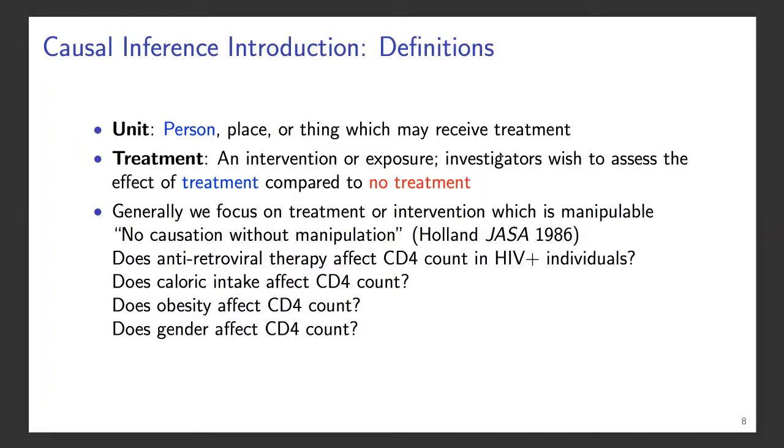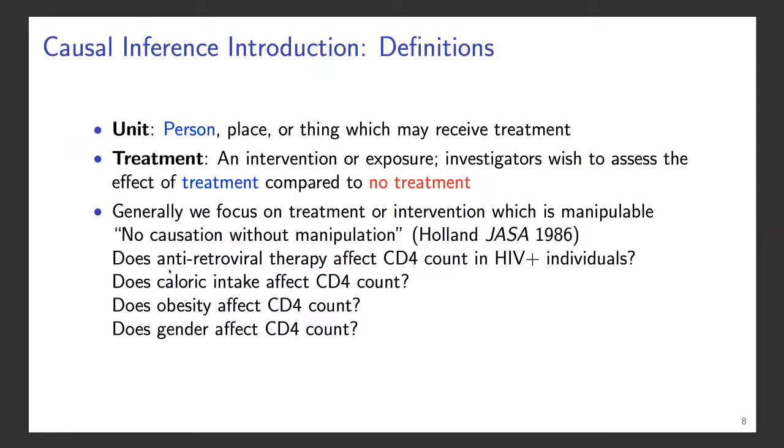even if maybe it wasn't feasible. So, we might ask a causal question like, does antiretroviral therapy affect CD4 count in individuals living with HIV? That's a well-defined question. We can certainly think about manipulating antiretroviral therapy. We can imagine people living with HIV, some of them we give ART to, some of them we don't.